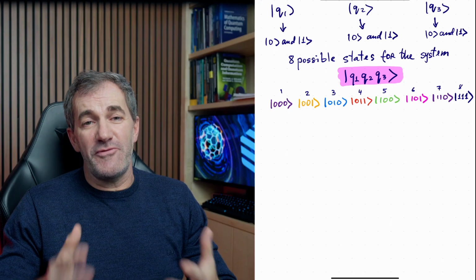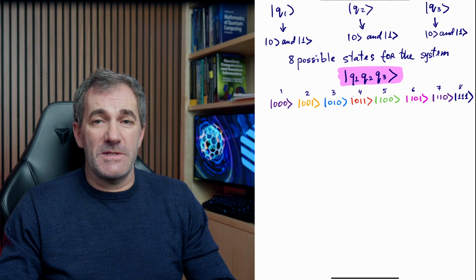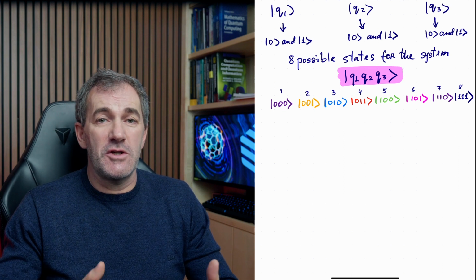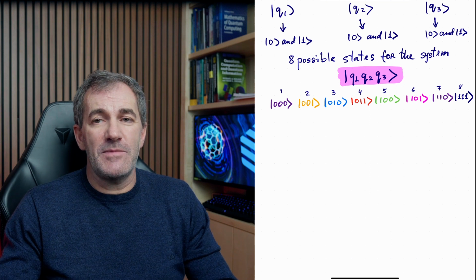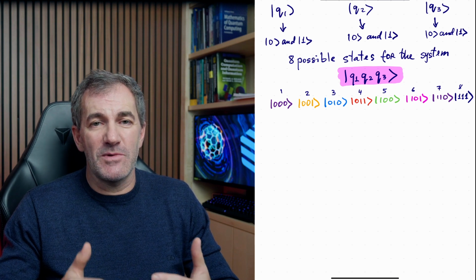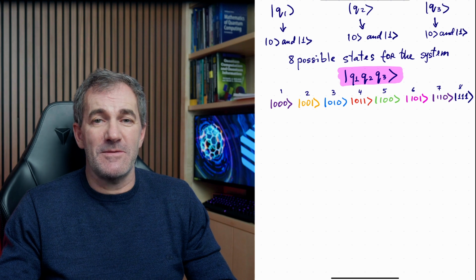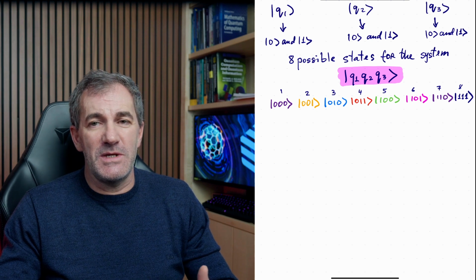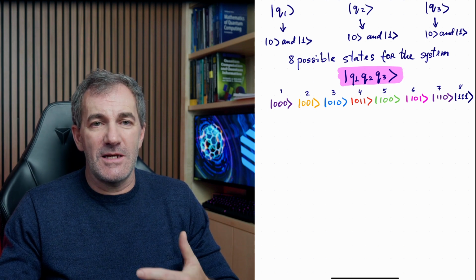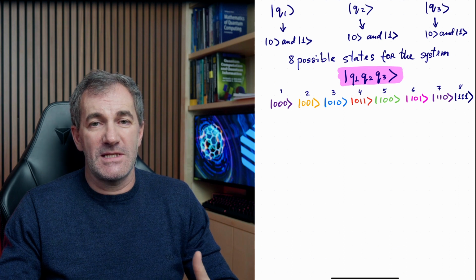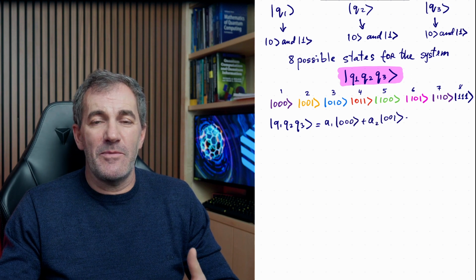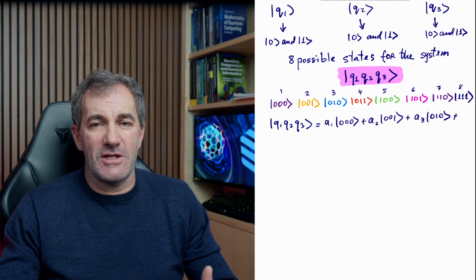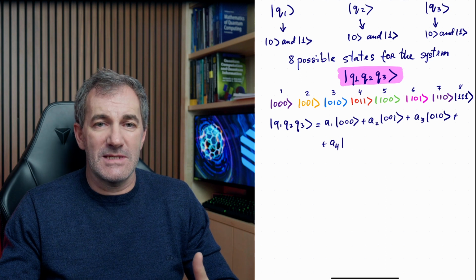Let's take a look at 3 qubits, each in a superposition state. That means that each qubit is simultaneously 0 and 1. In this setup, there are a total of 8 possible states for this 3-qubit system. Essentially, this means that the 3 qubits are in superposition of 8 different states simultaneously. To put it in mathematical terms, the 3-qubit system can be expressed as a linear combination of 8 possible states.